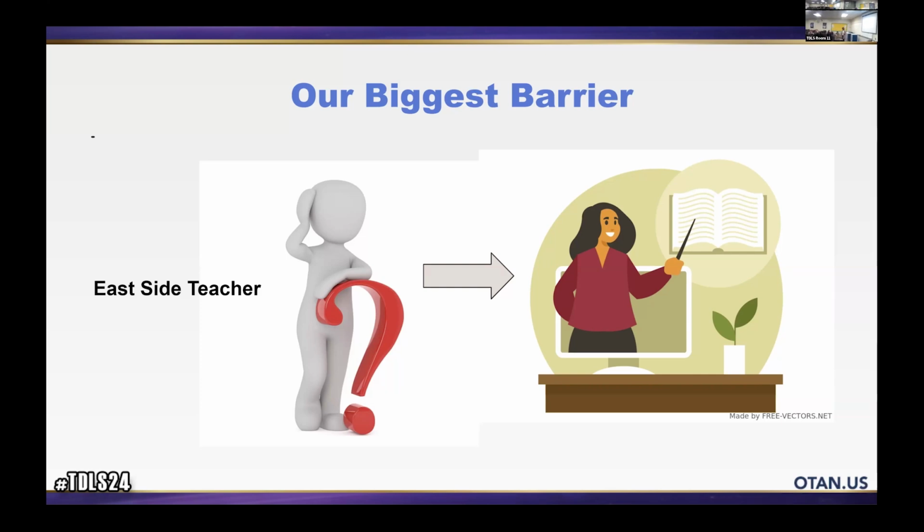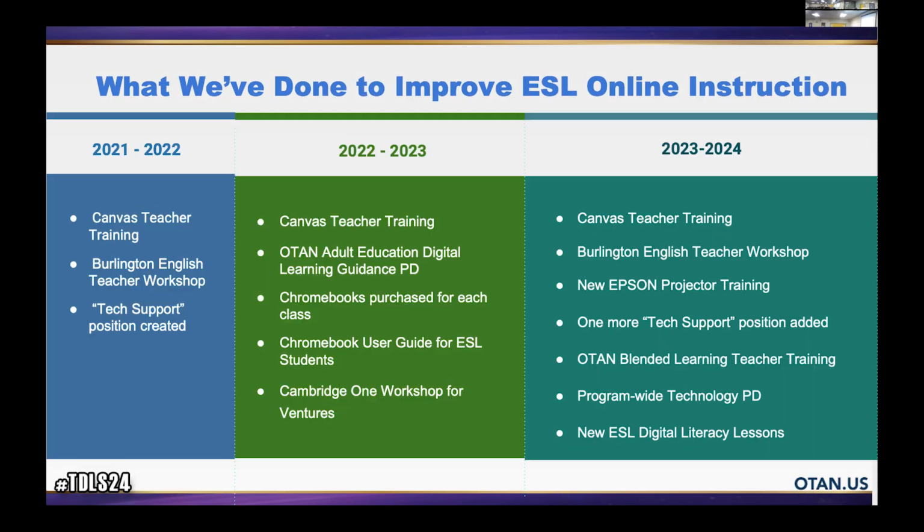So these are what we have done to improve ESL online instruction after the pandemic. We came back to in-person classes in year 2021 and 22. During this school year, we started our Canvas training for our teachers.